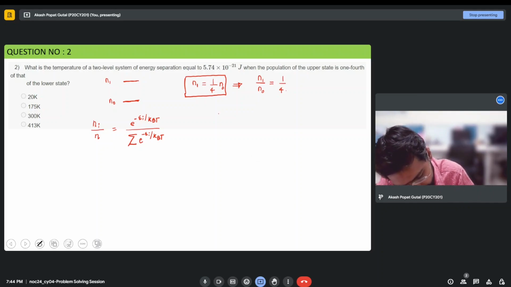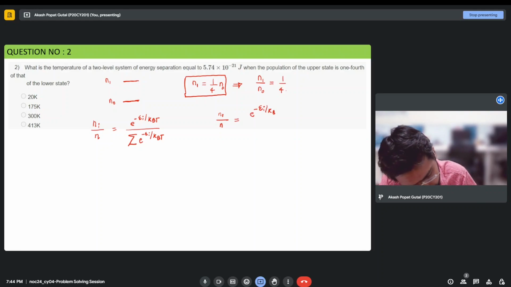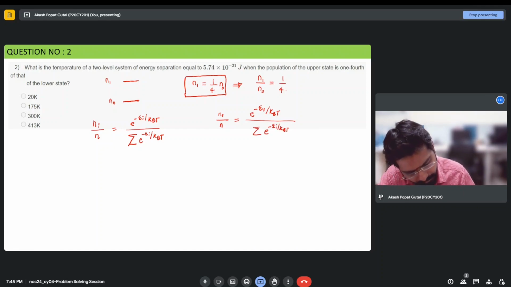Suppose we write this equation for N1: N1 by N will have the same equation, e raised to minus epsilon 1 by kBT divided by the summation of e raised to minus epsilon i by kBT, and let their energies be epsilon 1 and epsilon naught.